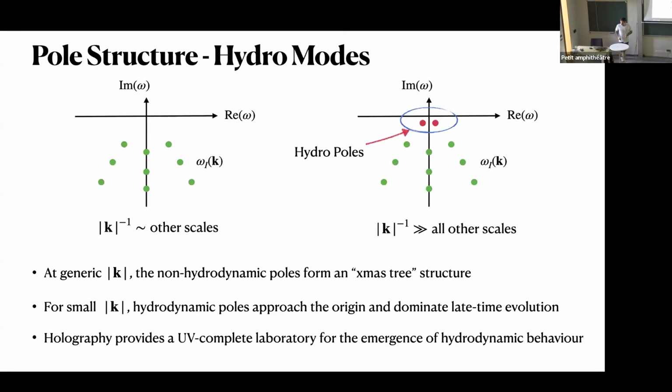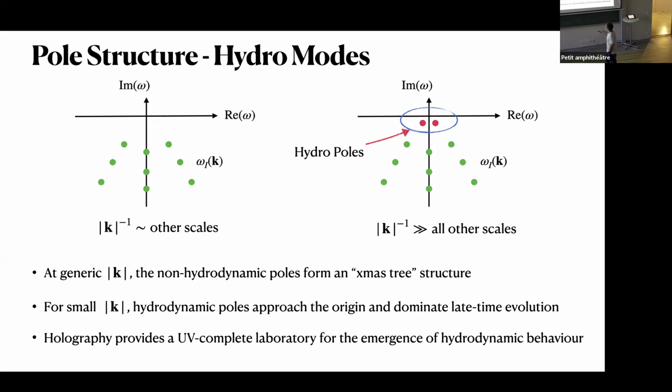So how does it look? At generic values of the wave vector, I just have a tree of poles. If I look at the complex plane and put dots for the values of these poles, for a fixed value of the wave vector k, I will have something like this, with nothing close to the origin.